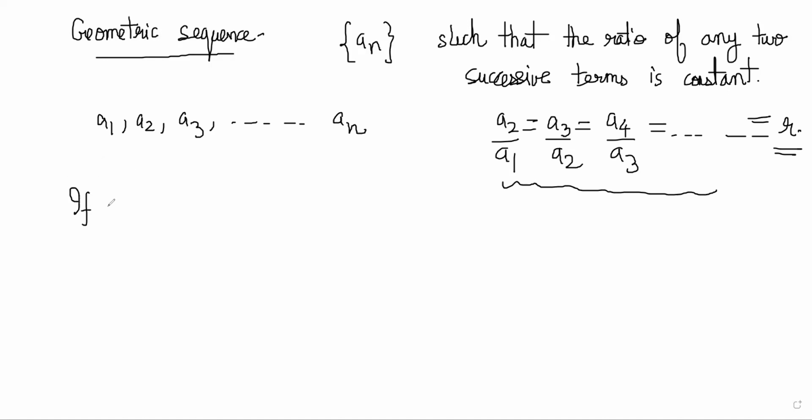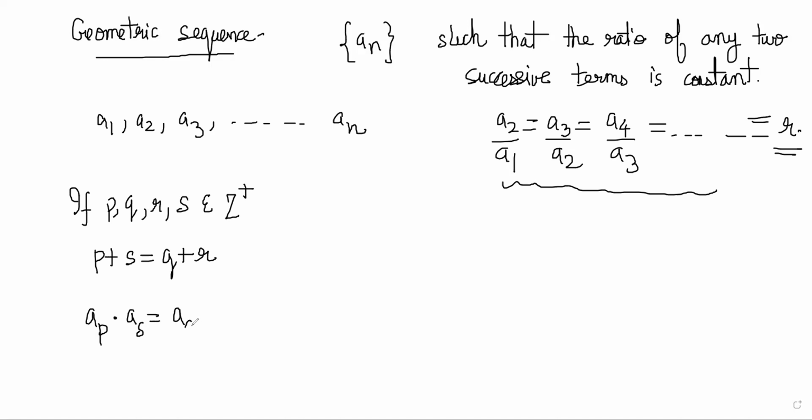We have similar properties here for a geometric sequence. If p, q, r, s are integers belonging to Z plus, and p plus s is equal to q plus r, then ap times as is equal to aq times ar. This will be obvious to you if you know the general term of the geometric sequence.